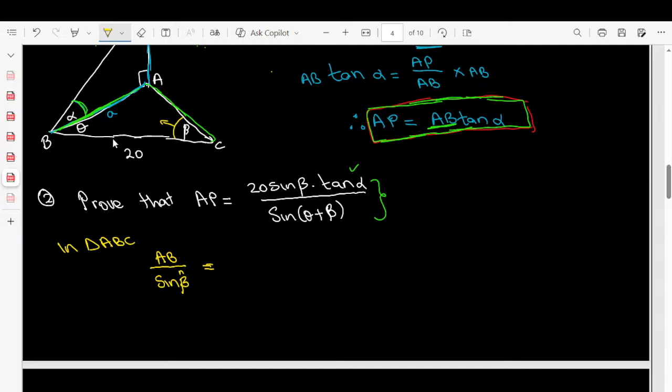Now we need to choose a side and an angle to include in this, and which one is the best. I'm going to choose this one because it's already given as 20. So this will be BC over the sine of the angle that is opposite to this side, that angle.